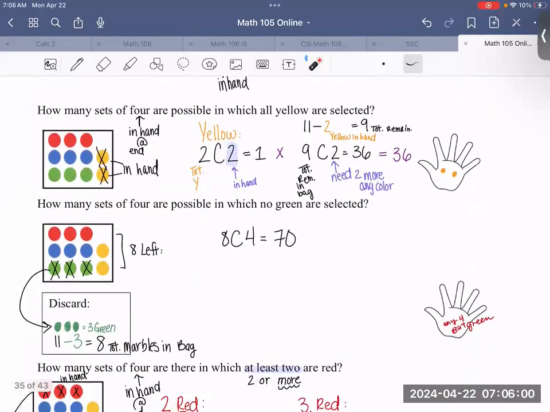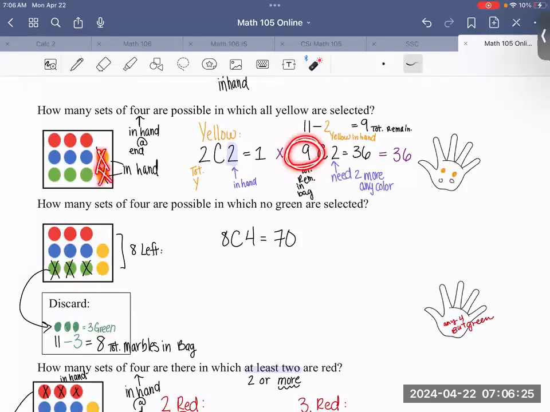However, if we change it up to sets of 4 and now all yellow, well, of the 2 yellow, we want all 2. So I have 2 yellow in my hand, but do we need any more yellow? Well, I need 2 more to make 4 in my hand. So we went back into our bag.